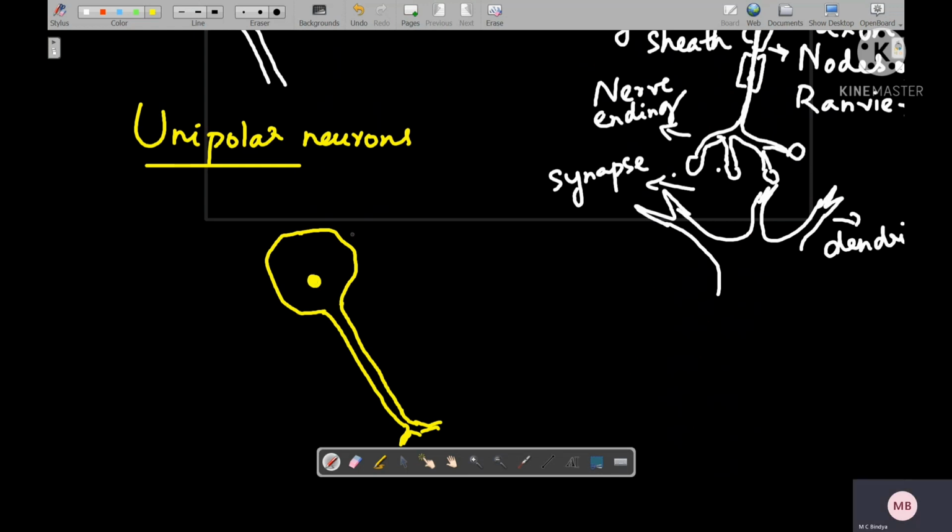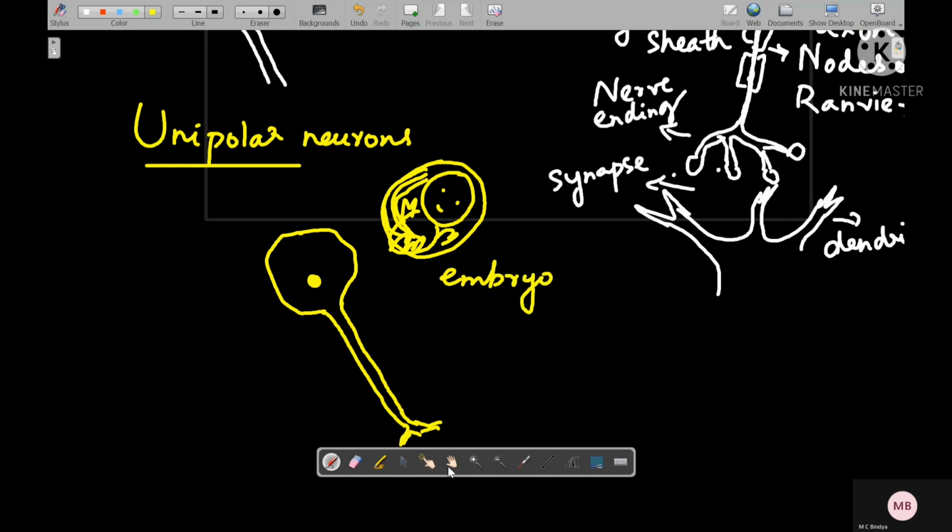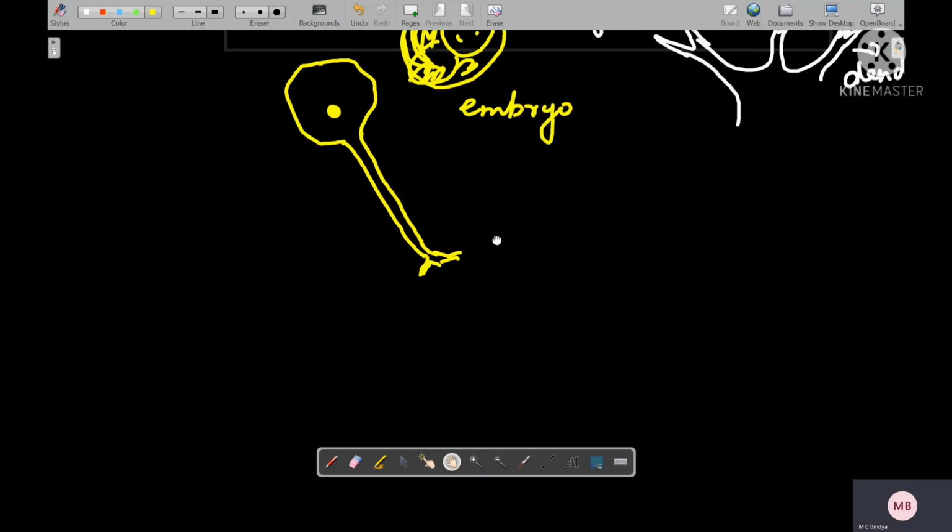This kind of neurons can be seen in the embryo.